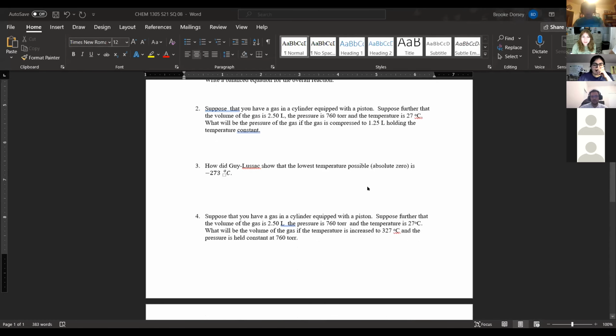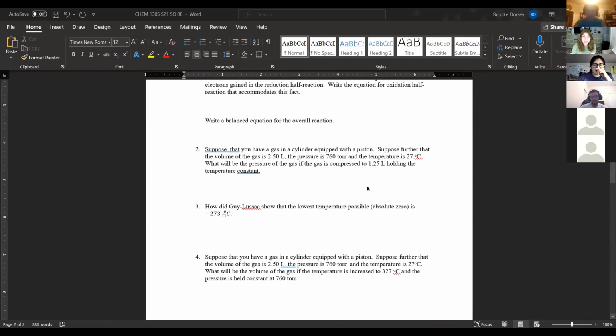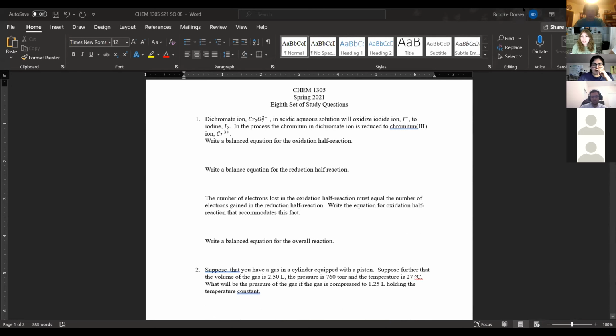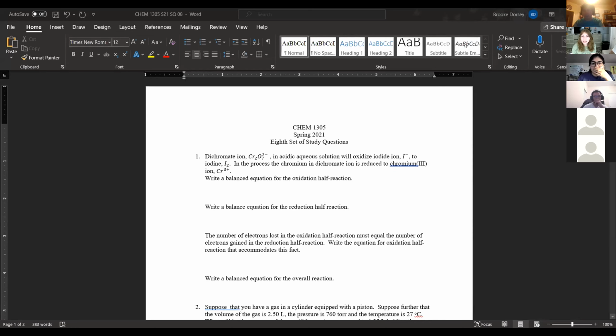Okay, which one do we want to do? Give me a number. I know you wanted to work on aqueous ones, so maybe something up here. Did you open the one with the correction, Brooke? No, there's the blank one. The only correction was the first one, where he had bromine instead of iodine, so don't worry about that.